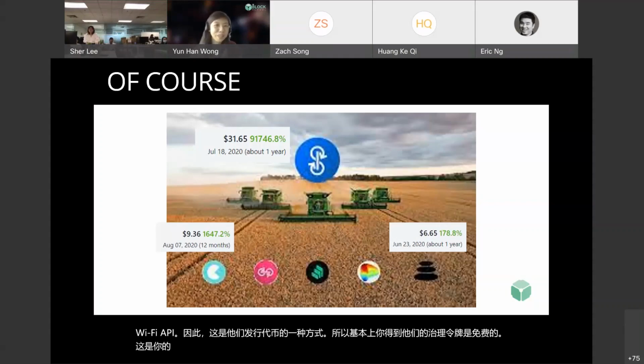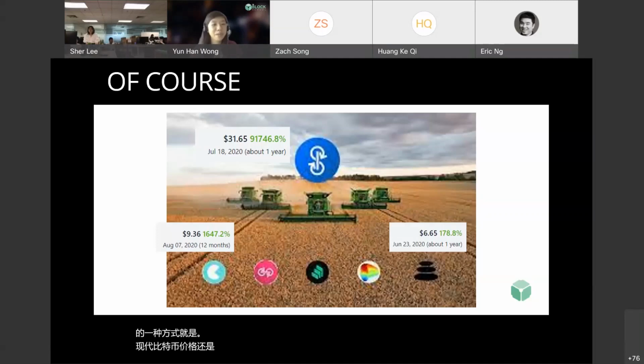For some of you here, if you participated in the Yearn Finance protocol last year when they started, I think you'll be very rich now if you didn't sell, because one YFI is, I think, more than the Bitcoin price or a bit lesser. I can't remember the price now. All right, so as you can see here, all these governance tokens for DeFi applications could actually be mined for free.